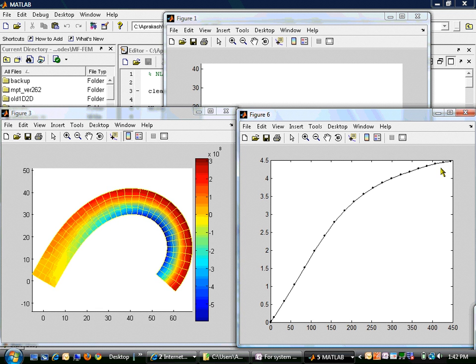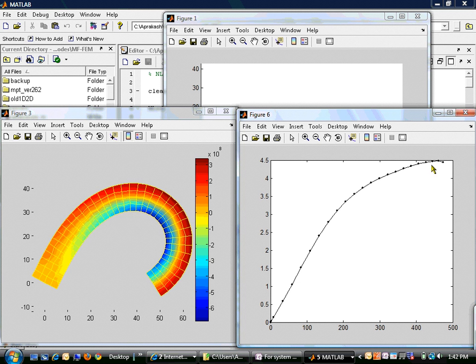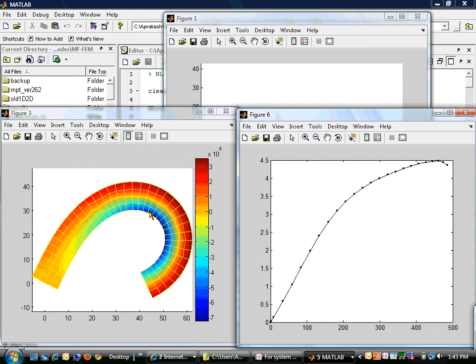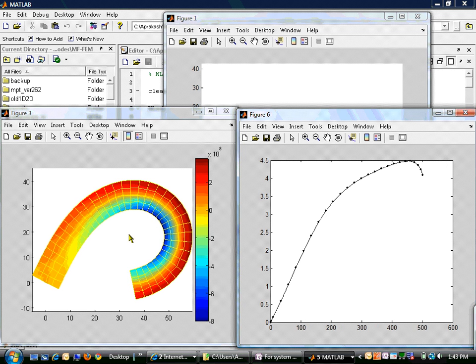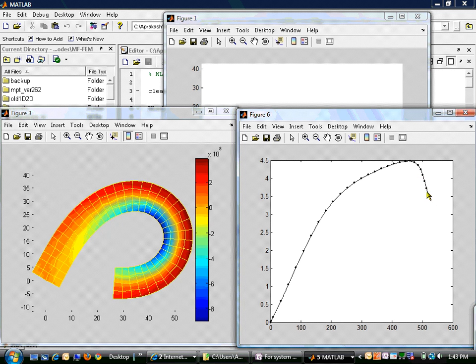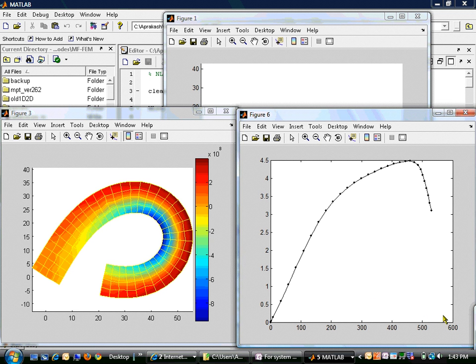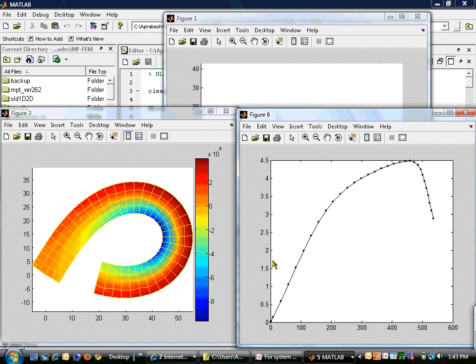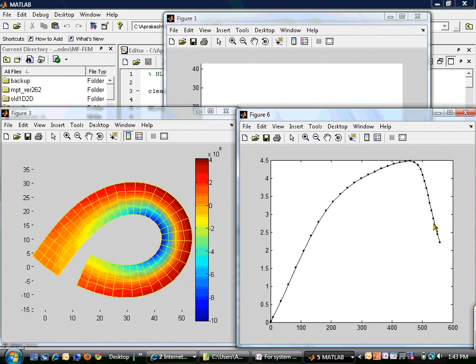The steps start to become smaller and smaller. And at this point, there's a lot of compression here, tension here, and the beam does start to go unstable. So this curve starting to decrease means that your displacement is increasing while your load is decreasing. So that's an unstable behavior right here.